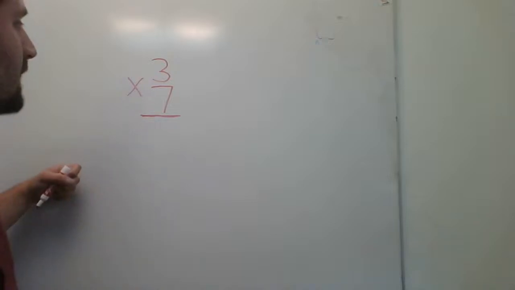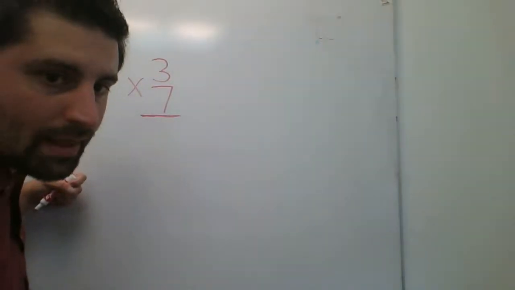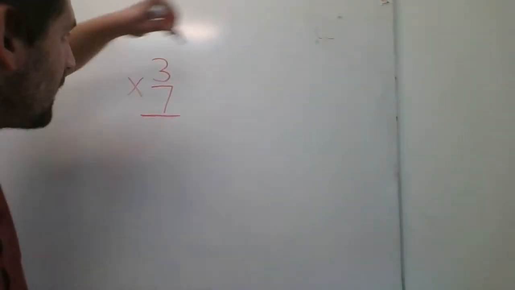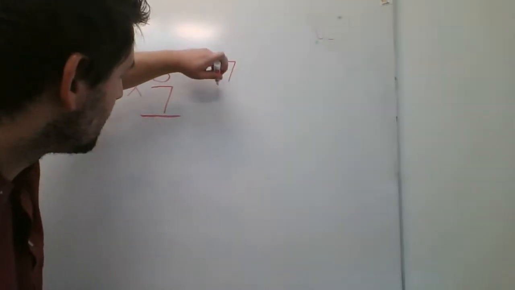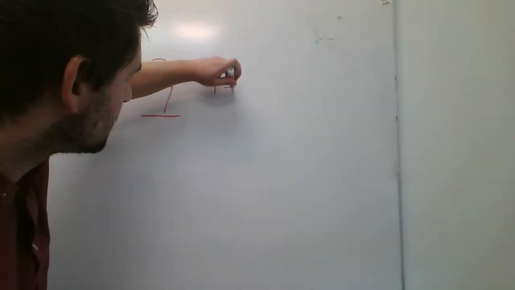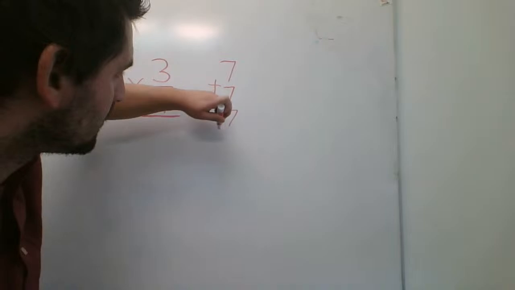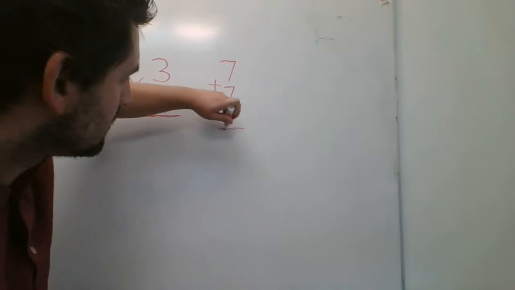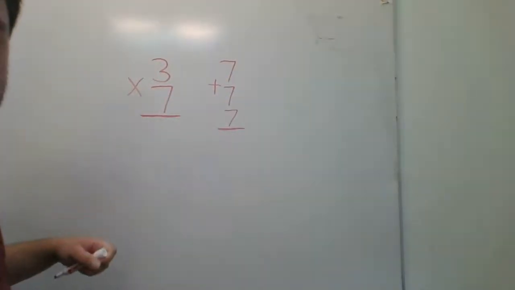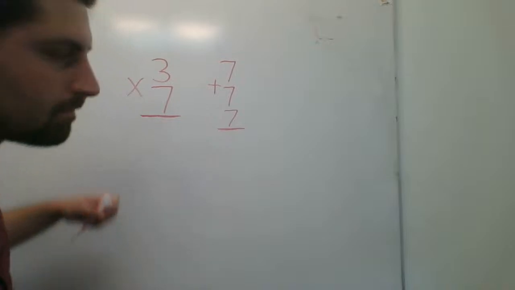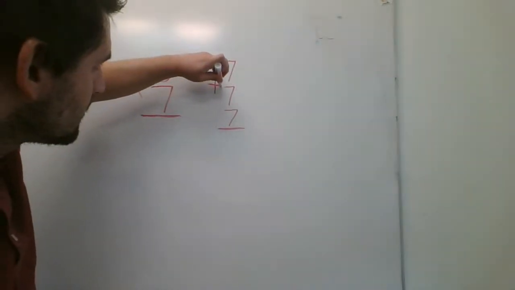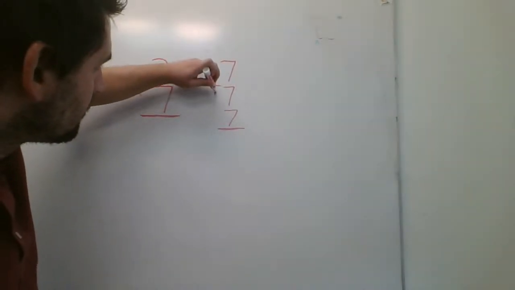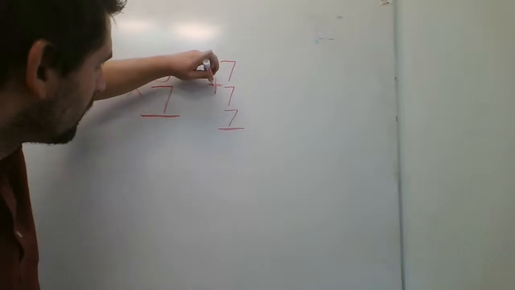So if I were to write 3 times 7 as a repeated addition problem, I would write 7 plus 7 plus 7. Just making my addition sign stand out a little more.